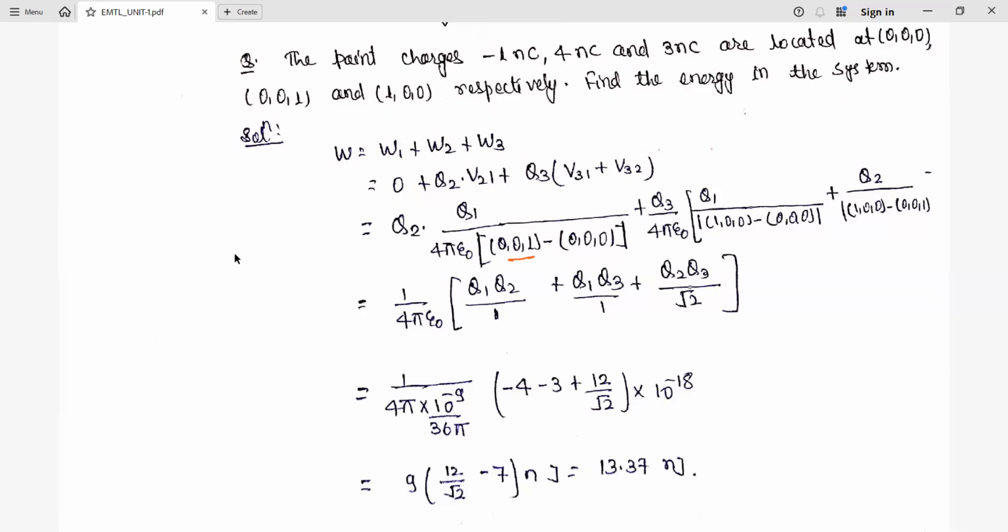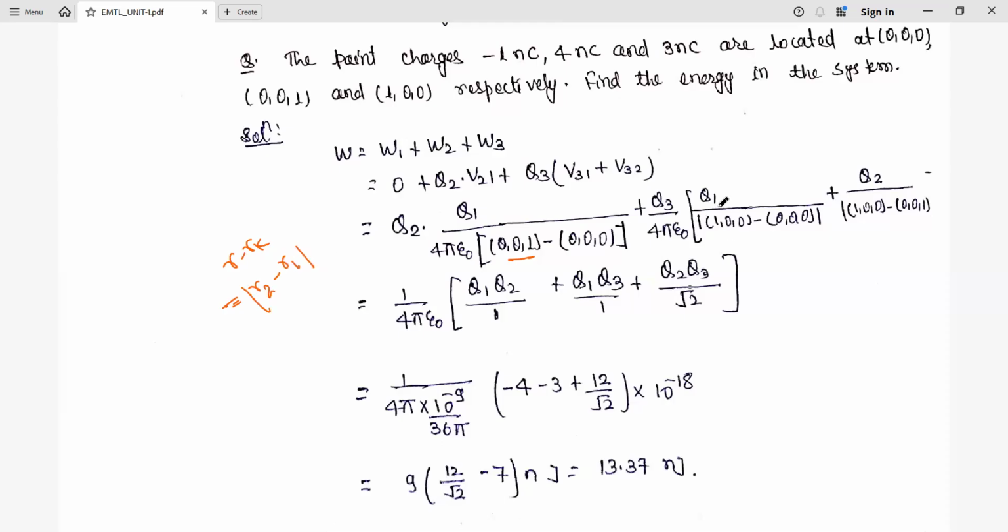We have the formula modulus of R minus Rk. Now we are finding for Q1's effect at that location, that is, on the charge Q2. That's why here we have the position vector of charge Q2 and the position vector of charge Q1, and we take the modulus.